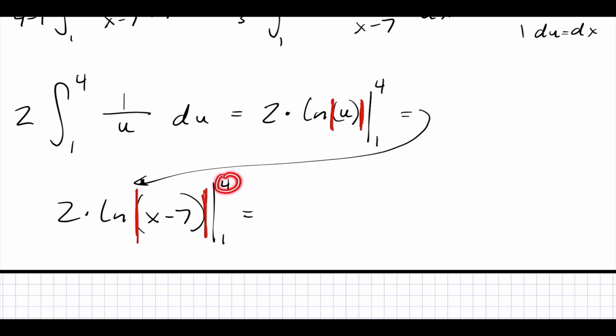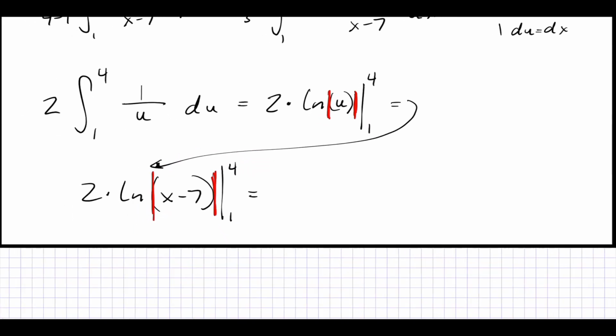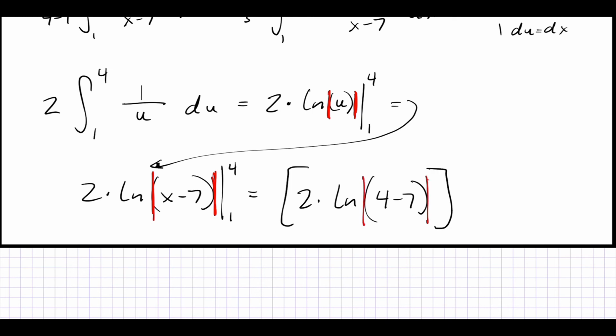If when you plug in, it's a positive number, you don't need the bars. But I can already tell when I plug in here and there, it's going to be a negative number. So let me plug it in. First one, 2 times the natural log of 4 minus 7. This one I'm going to need the bars because it's going to give me a -3. And then 2 times the natural log of 1 minus 7.